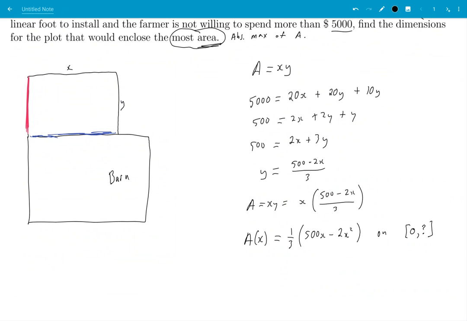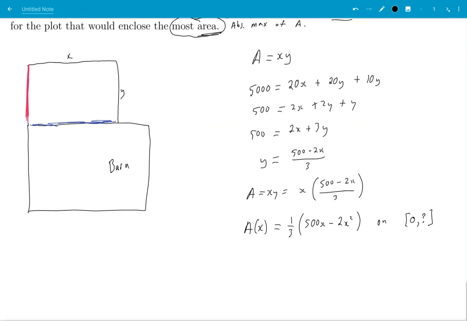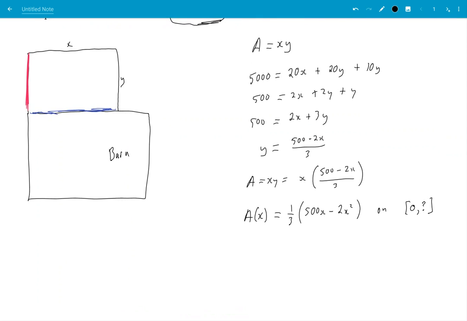Well, I guess x could be, we'll come back. That seems like a waste of time to talk about that for now. Let's have a look at our function. So I use the closed interval method. I'm missing an endpoint, but we'll see if we need it.